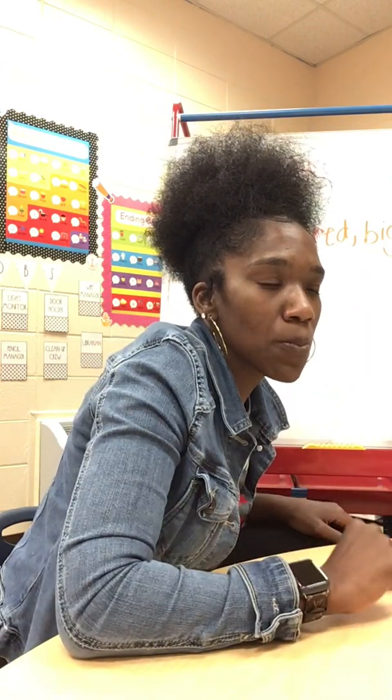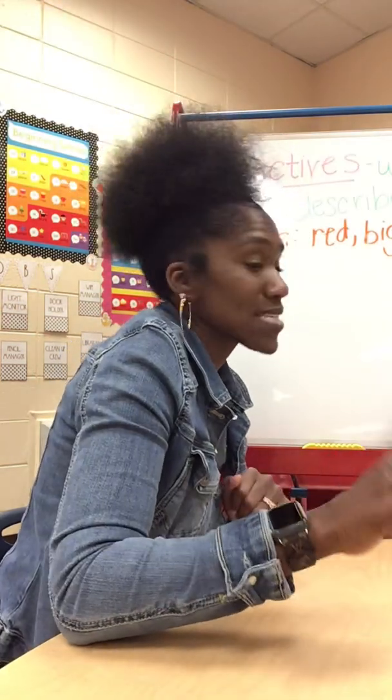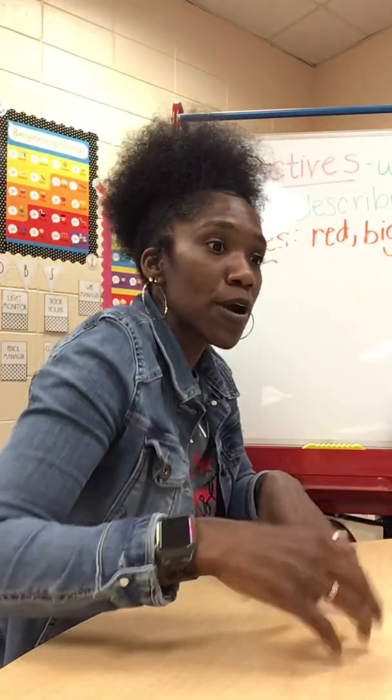Can anyone tell me which part of that is the adjective? Which word is the adjective? Very good, Zoe. Everybody clap for Zoe. Zoe is correct. White is the adjective because white is the word that we use to describe her shirt.